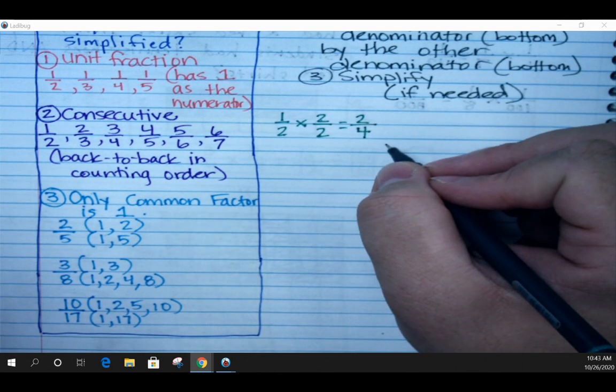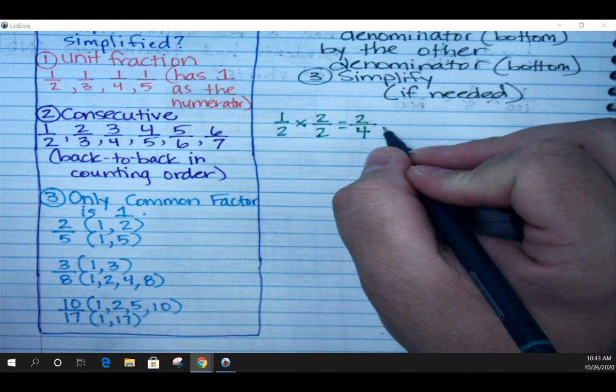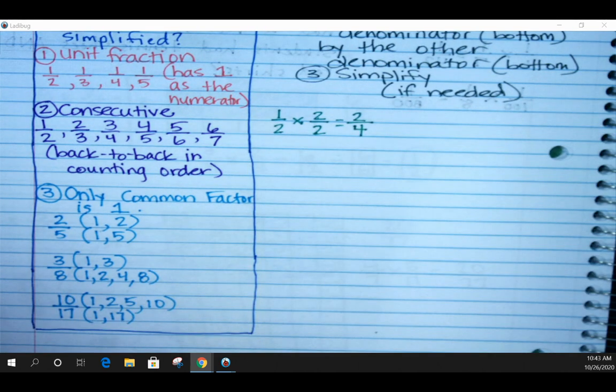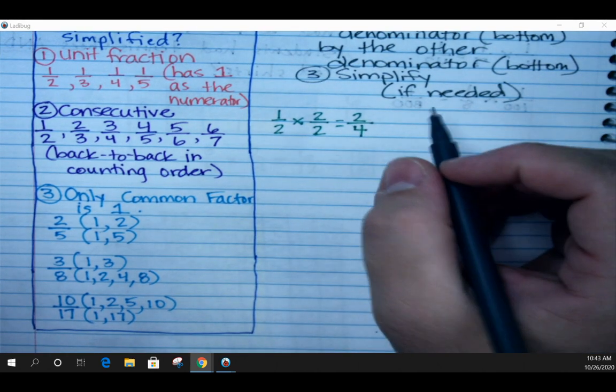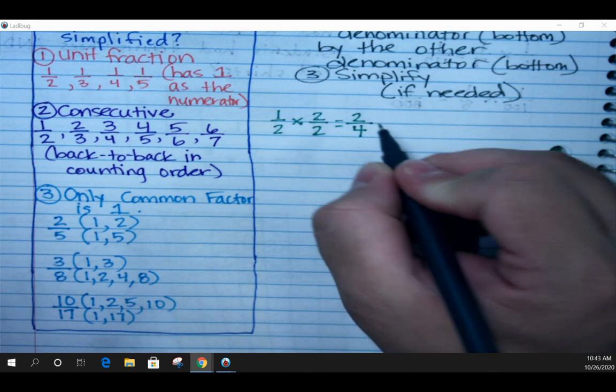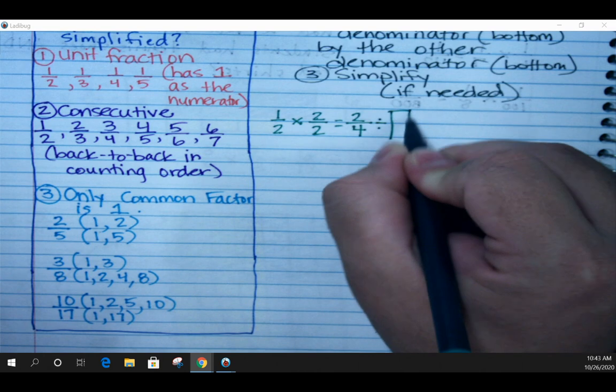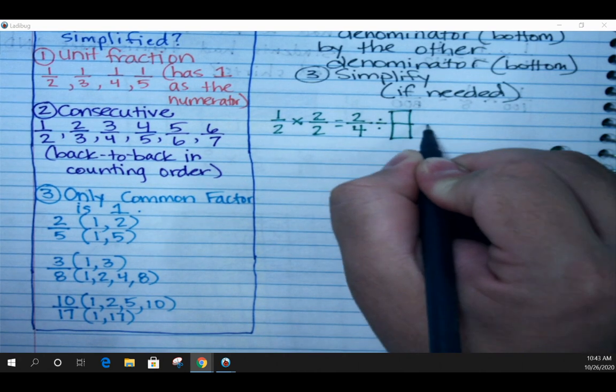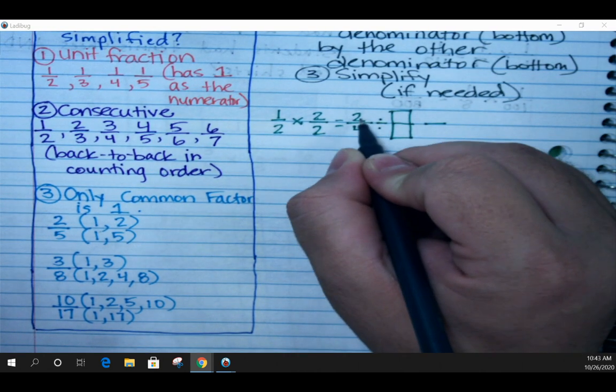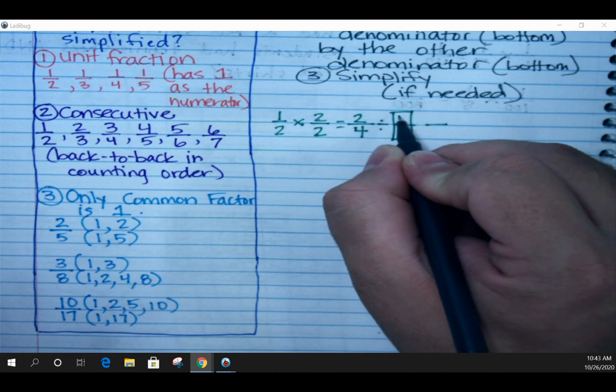Is it simplified? No. It's not a unit fraction. It's not consecutive. And the only common factor is not 1. So I'm going to divide by a form of 1 to simplify it. What will go into 2 and 4?